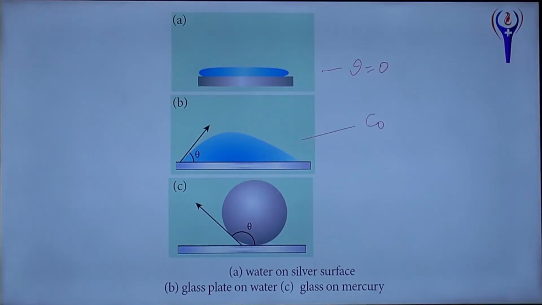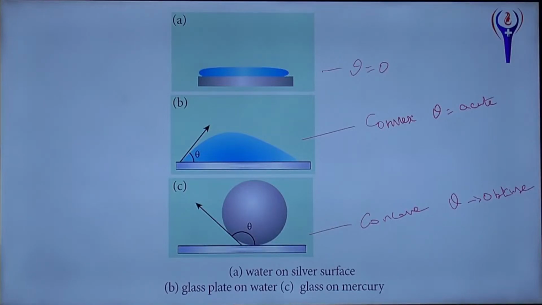This is a convex meniscus. And will theta be acute or obtuse? Acute. Convex and theta is acute, that is less than 90. And for glass on mercury, it will be a concave meniscus and theta is obtuse.